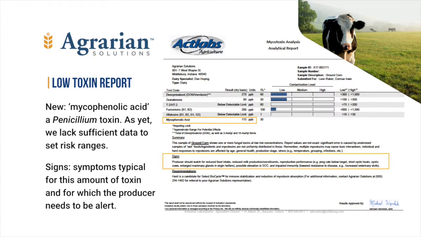Apart from the primary 5 toxins, any positive toxin result will be inserted below the chart, as was done in this case. Mycophenolic acid is thought by some to be the real cause of some of the symptoms we attribute to DON, but consistently it has been found to affect herd performance. However, we don't yet have sufficient data to make a valid risk determination for this toxin.